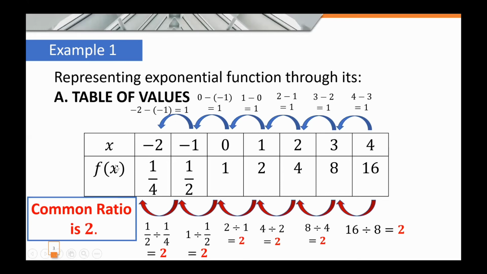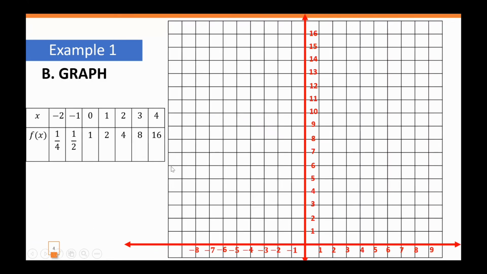Given the points in the x values and f(x) in the table of values, we can sketch the graph of this. In the Cartesian coordinate plane, the horizontal line is the x-axis and the vertical line is the y-axis. Let us first plot the point (-2, 1/4). (-2, 1/4) is here.